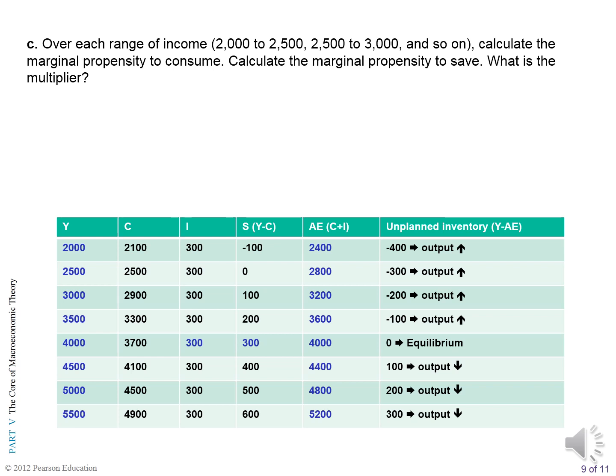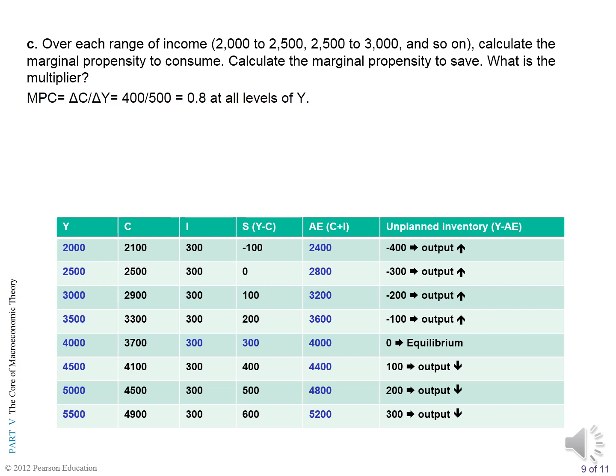It's delta C over delta Y. Delta C 2500 minus 2100 يعني 400 over delta Y 2500 minus 2000 يعني 500. يبقى 400 over 500, 4 over 5 يعني 0.8. لو حسبناها لكلهم هيطلع برضو 0.8 عشان المارجنال propensity to consume is constant along the different levels of income. يبقى المارجنال propensity to consume 400 over 500, 0.8 at all levels of income.